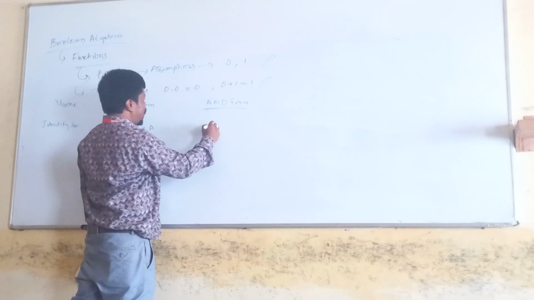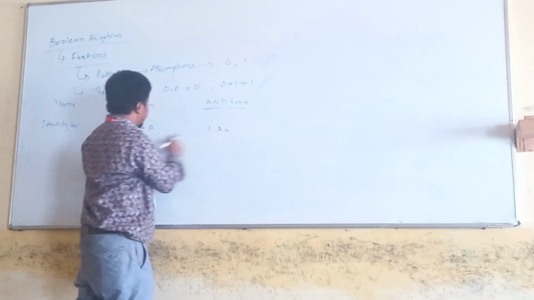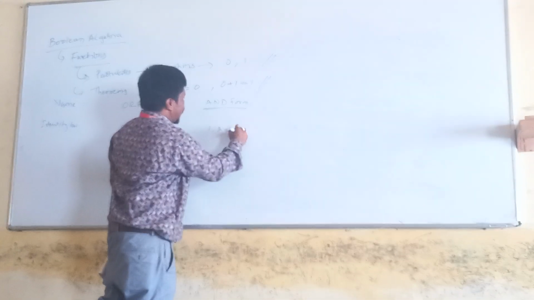The function here is 0 plus A equals A. The dual of this function: 0 becomes 1, plus becomes dot, and the variable A remains the same, so 1 dot A is A only.